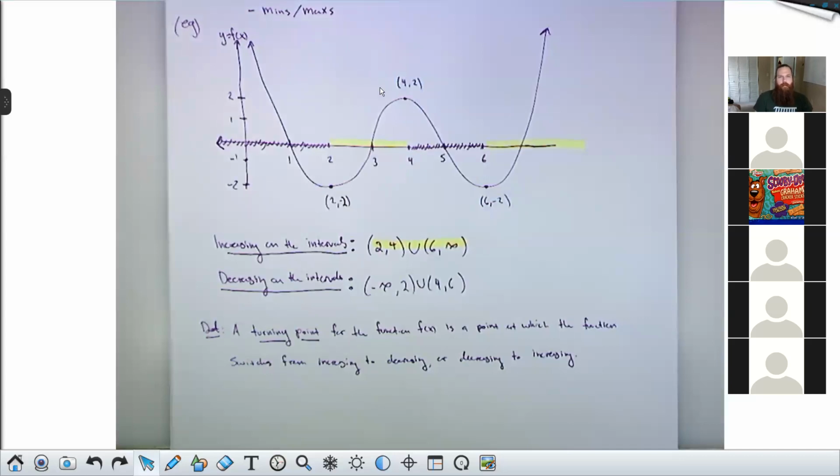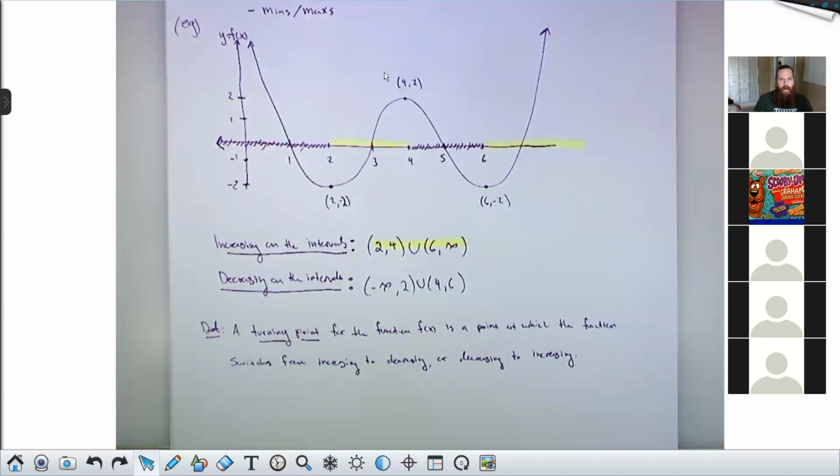If I pay attention to just this turning point, imagine I was to zoom in so that my whole field of view was just the little highlighted blue box area there. The very tallest point along the graph is the point 4, 2.